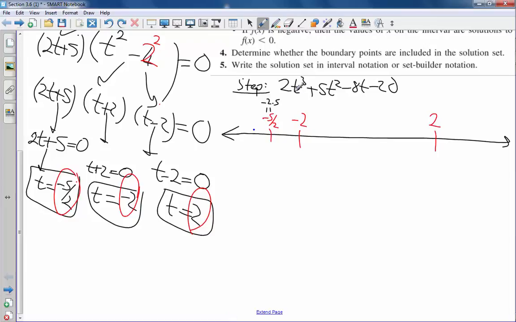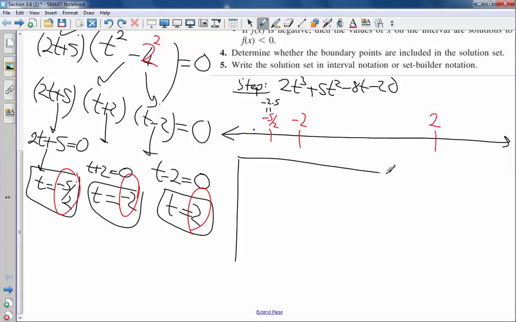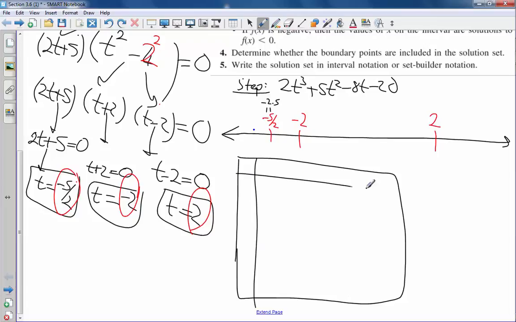So enter negative 3 and compute. This is just testing. Take some sampling, x or t in this case. Alright, you said negative 3, and substitute in t.